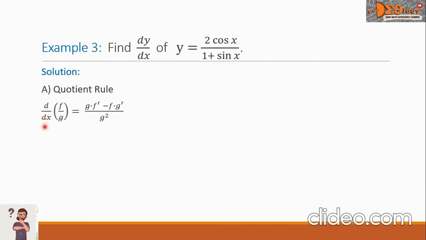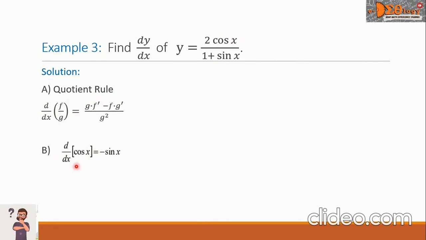d over dx of the fraction f over g equals g times f prime minus f times g prime all over g squared. Next formula is the derivative of cosine x.